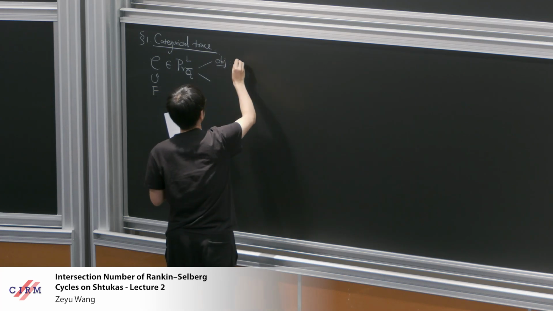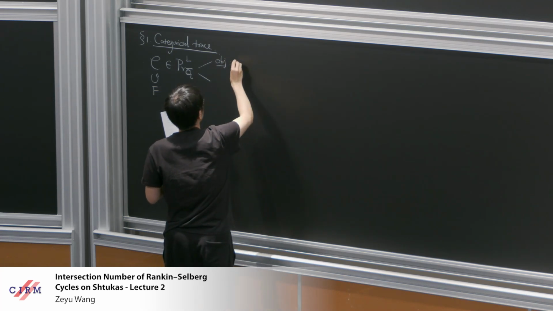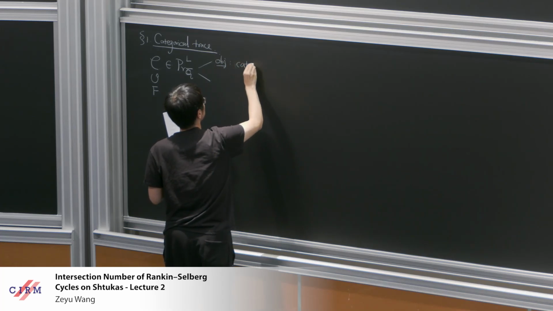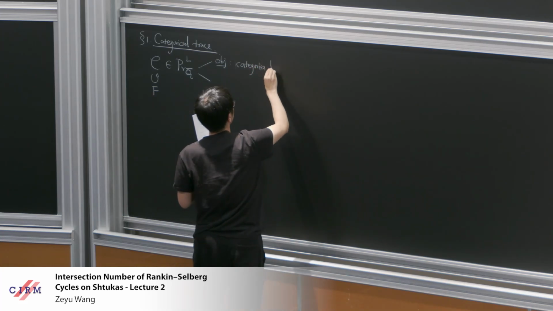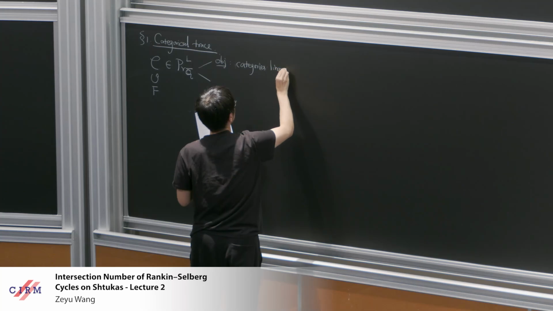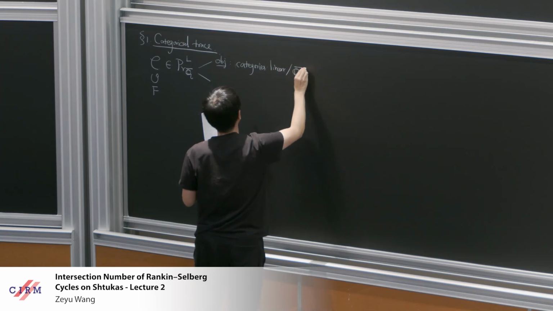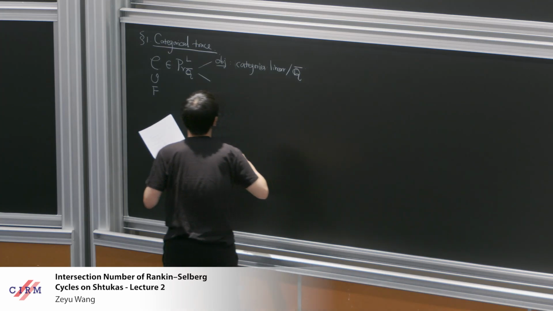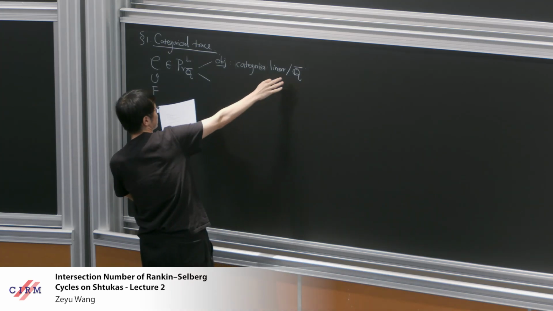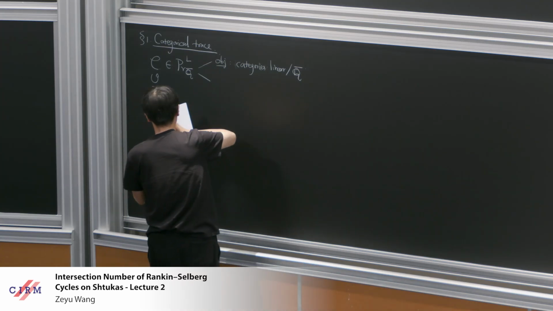But its objects, you can think of just some categories linear over Q_l bar. Of course, here by categories I mean presentable infinity categories linear over Q_l bar.